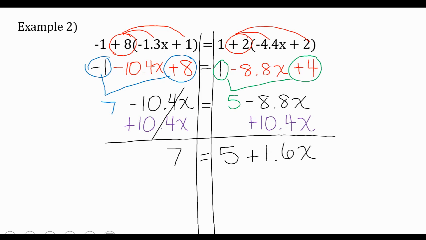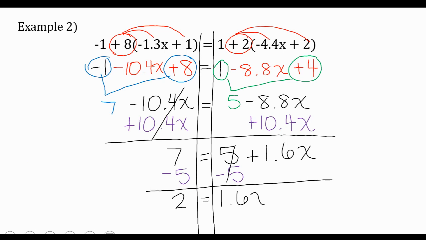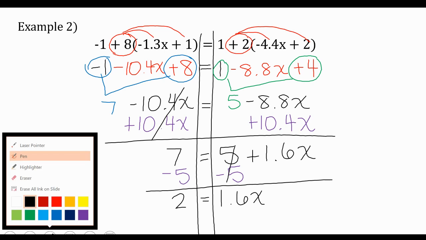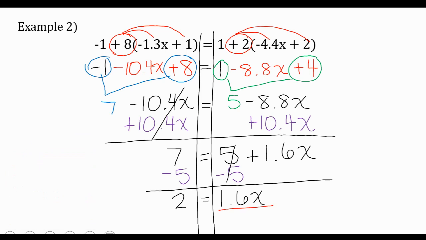1.6x. Okay, let's go ahead and subtract that 5 now, because we want to get that variable by itself. So we're going to get 2 equals 1.6x. And our last step here is to divide that 1.6 on both sides.